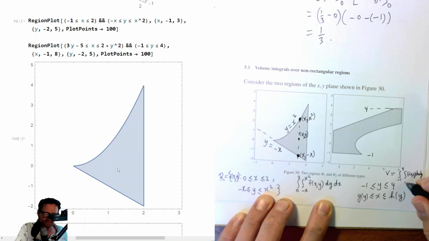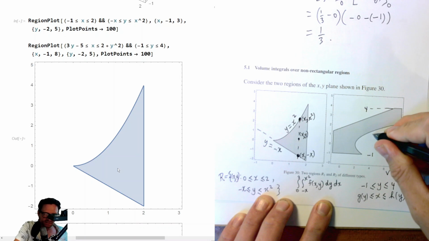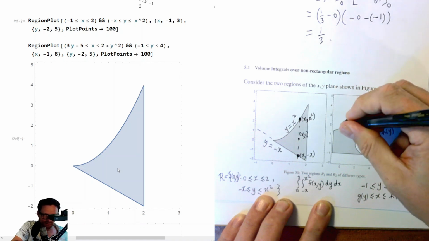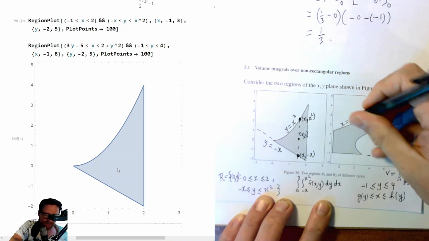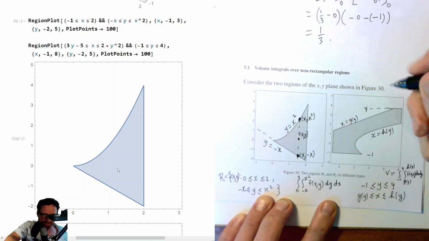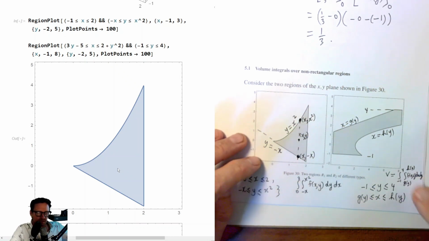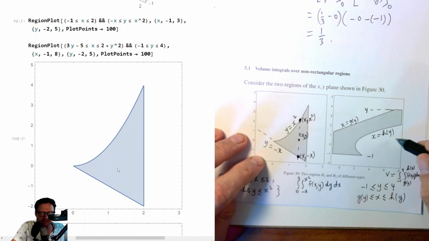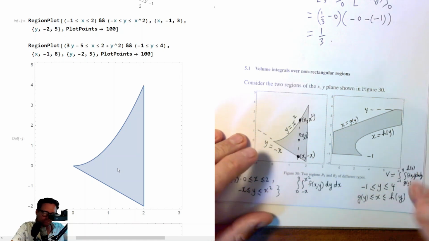Okay, this is g of y, and up here you'd have h of y. This is x equals h of y, and this over here is the line x equals g of y. Now this one's clearly linear, this one's quadratic. x is a quadratic function of y.